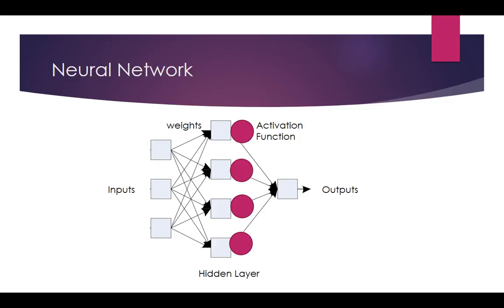So what is a neural network? A neural network consists of a number of perceptrons and some weights. The perceptrons are organized as layers. Like in this network, we have three layers. One is the input layer, the mid one is the hidden layer, and the last one is the output layer.